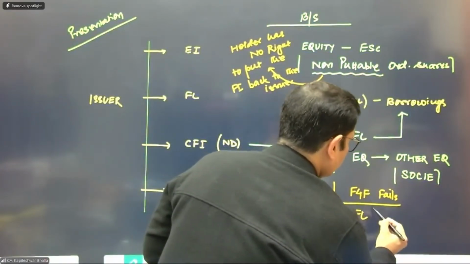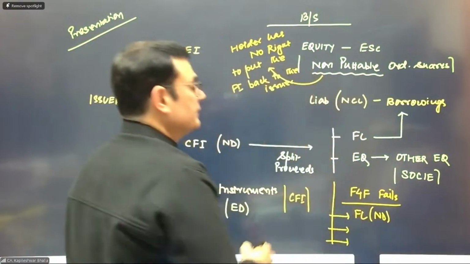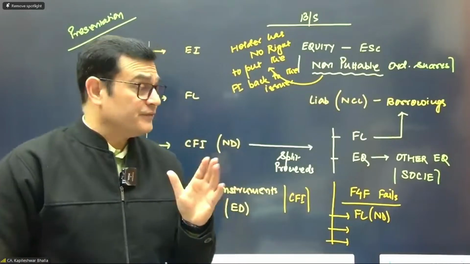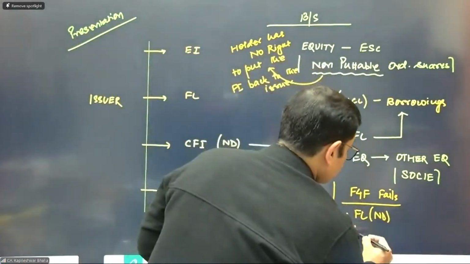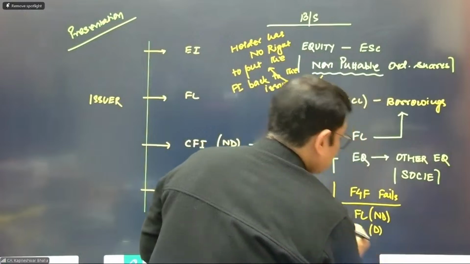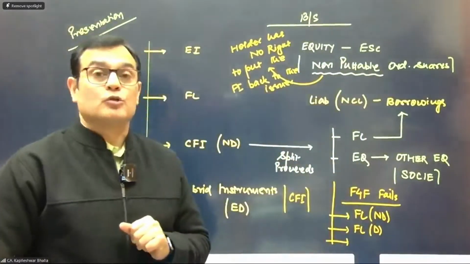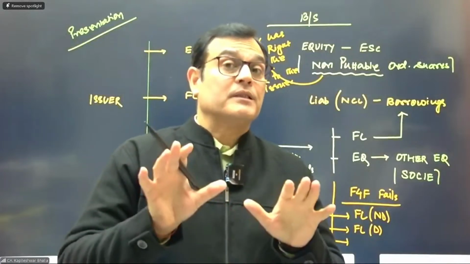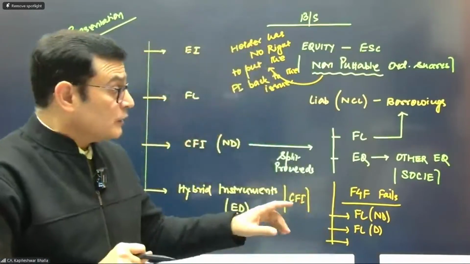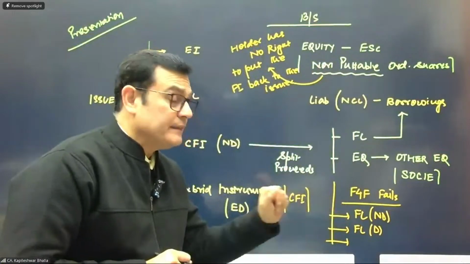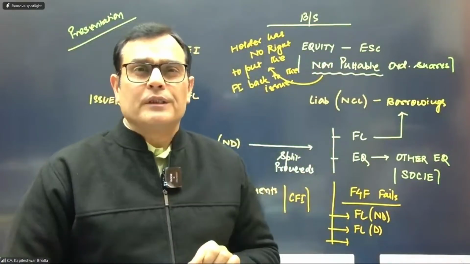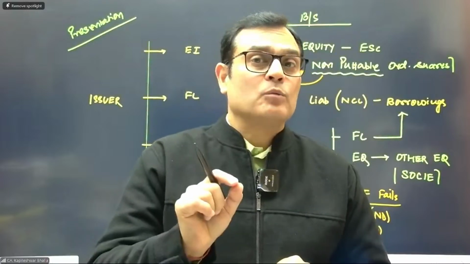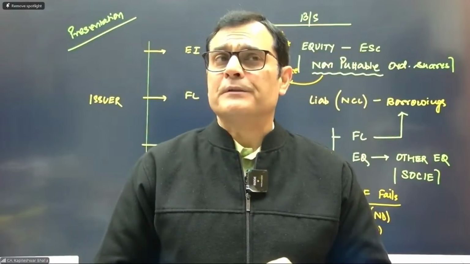One is the financial liability non-derivative component, again presented in the balance sheet as a non-current liability, borrowings. Then you are going to segregate the financial liability which is a derivative element, and that is also going to be presented on the liability side of the balance sheet as non-current, but this is a derivative liability. The two components are going to be presented separately in the balance sheet because the accounting for a non-derivative element will be different, and the accounting for a derivative liability will be different.